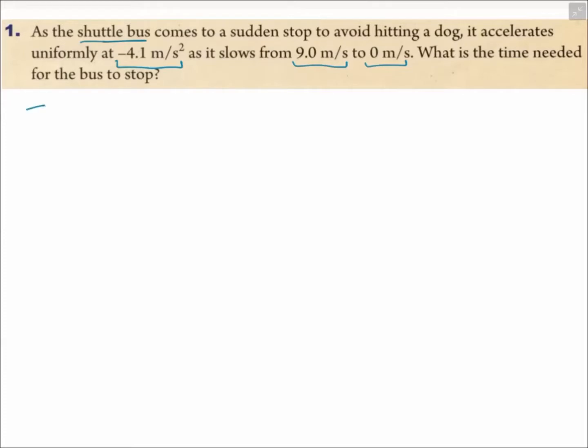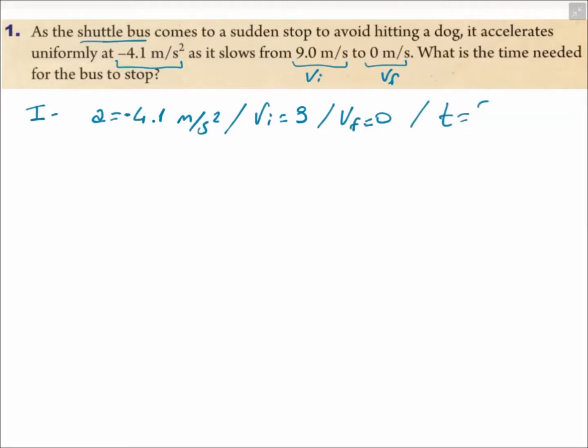In the first step, I'm going to write the givens. Acceleration is negative 4.1 meter per second squared, and this is the V initial and this is the V final. V initial is 9 because it's stopping, so final velocity is going to be 0. And in this question, it's asking what is the time.